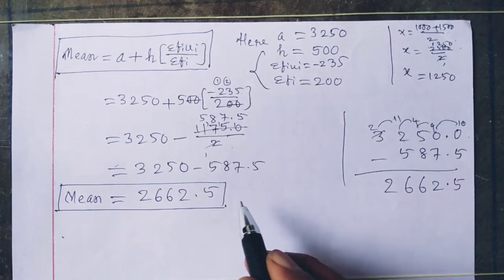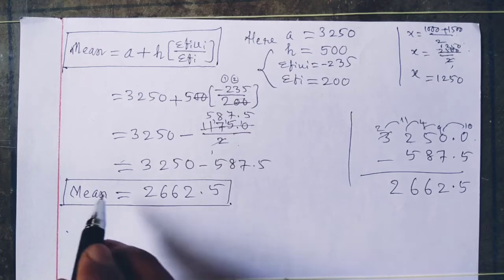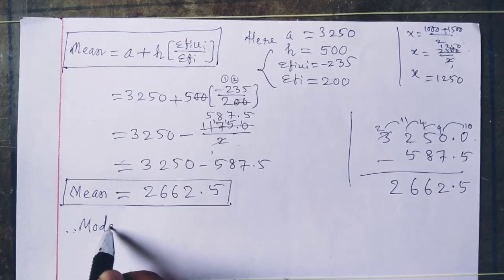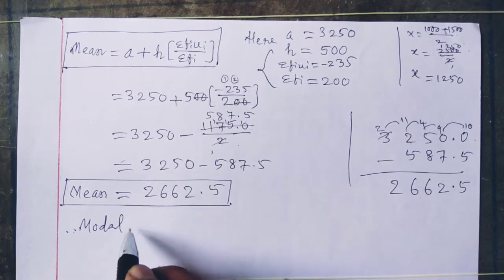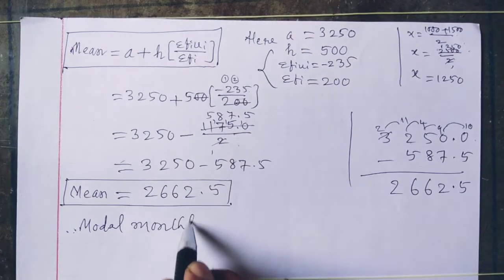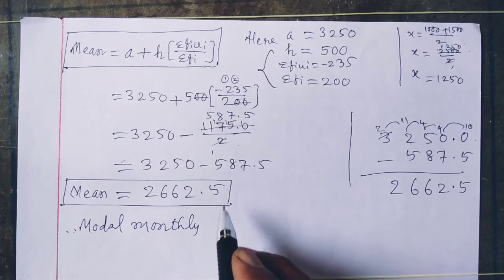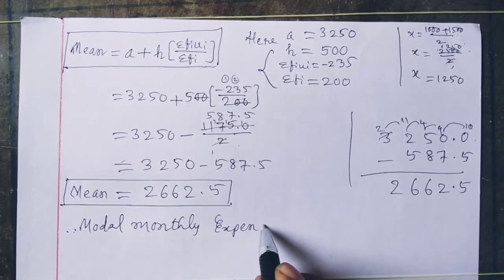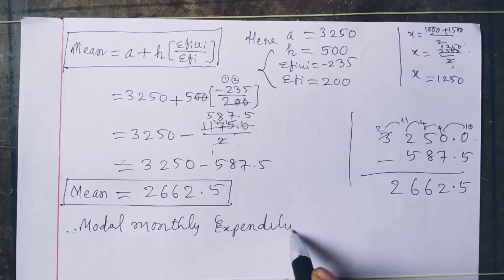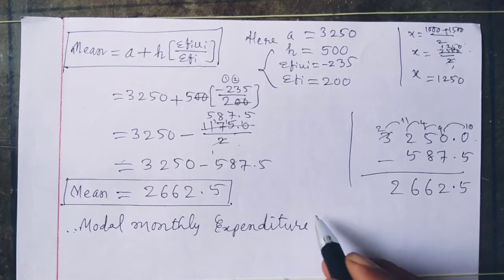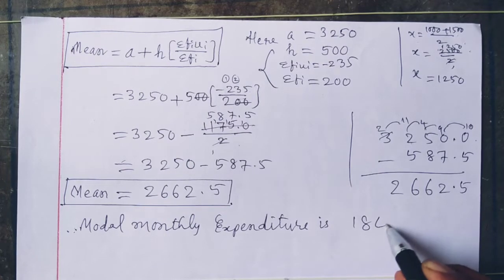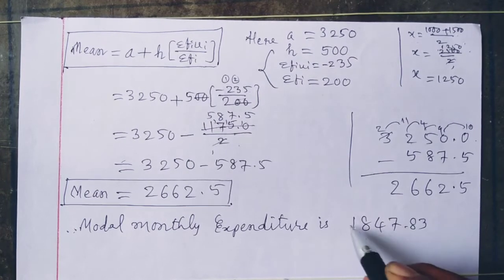So we got two answers. The first answer, the modal monthly expenditure, is 1847.83 rupees.